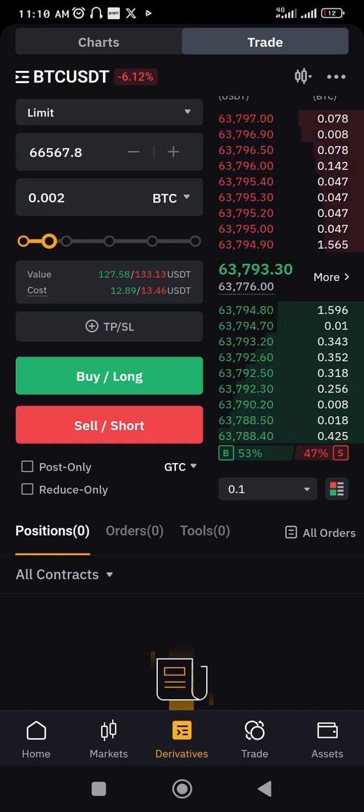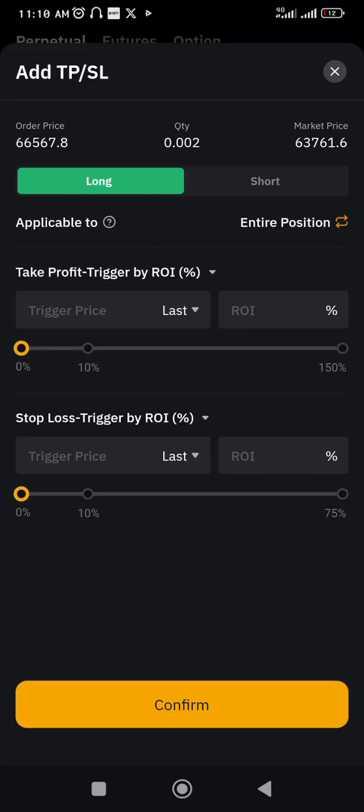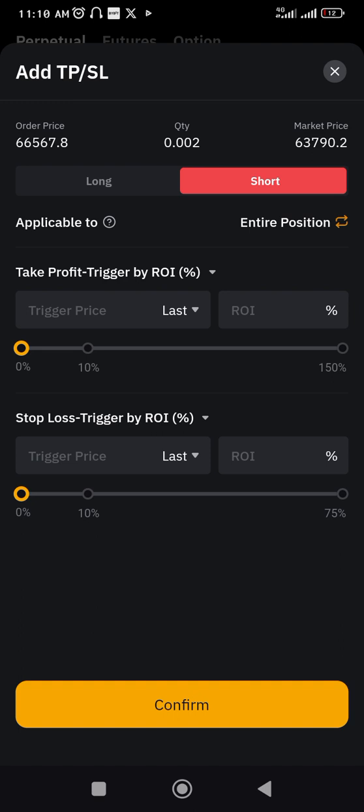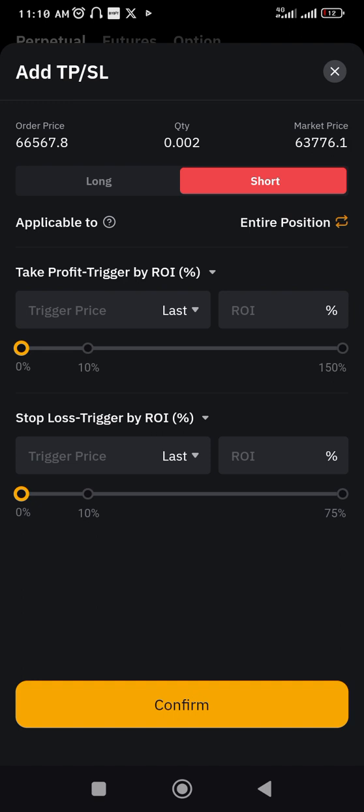Where it says TP/SL, this is another place where you can set your take profit and stop loss for the trade. If you click on this TP/SL, you'll see this box come up. You have to know that we have long here and short here. If you are buying long, you want to stick to this, and if you are selling short, you want to use this. So I'm selling short for this, and I'll just be using the short section over here.